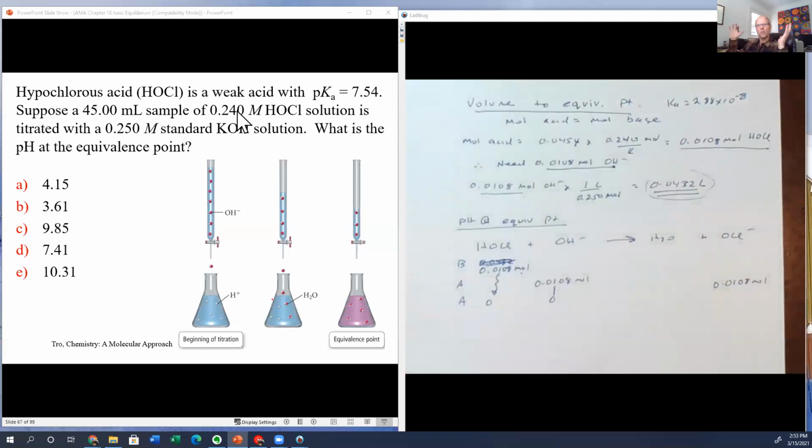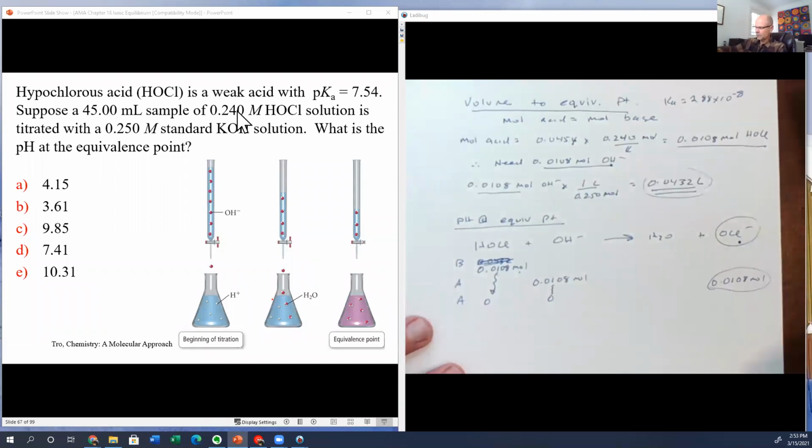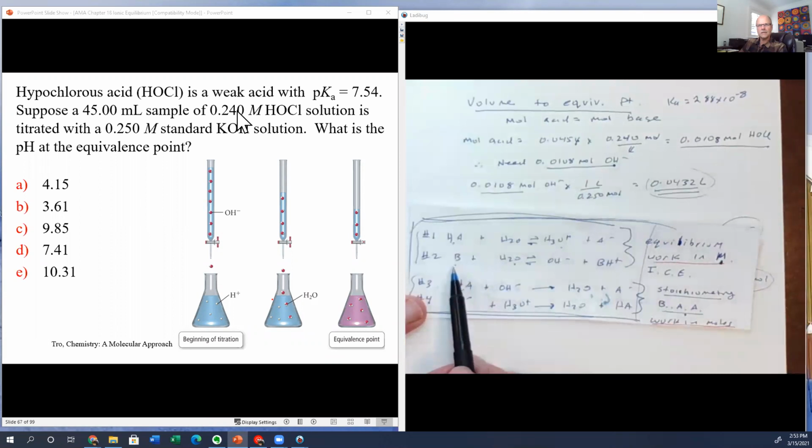So now you think, okay, what kind of a solution is this? And how do I find the pH of this solution? And you see that, aha, this is a solution of a base, right? Of a weak base, but it's an ion acting as a base. So you go back to your equation and say, okay, how do I find the pH of a solution of a weak base?